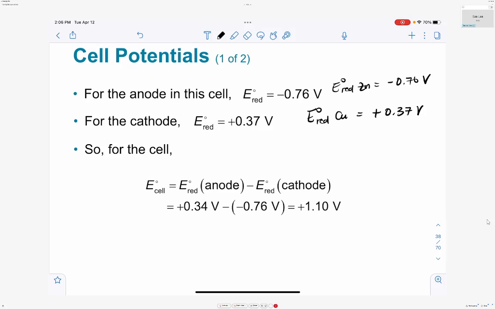Then using this equation, we can find the cell potential of the zinc copper voltaic cell, which is reduction potential at the cathode minus reduction potential at the anode. So you have a cell potential of positive 1.1 volt.